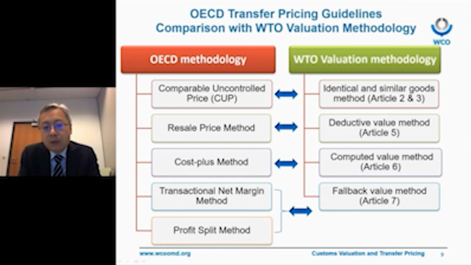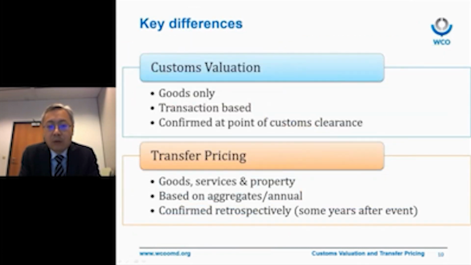First, when we talk about customs valuation, customs in most cases deals with imported goods, tangibles only. So transaction value is the price paid or payable for the imported goods, for the imported tangibles. And the customs value of each shipment, each transaction, needs to be determined separately for customs.